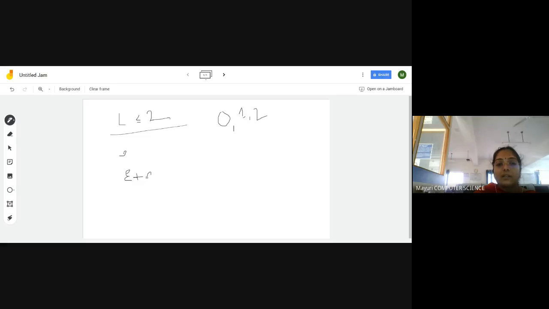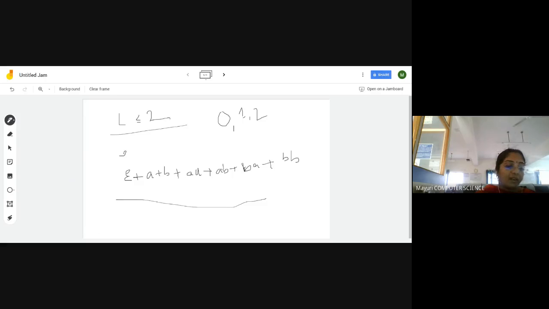Length 1 is either A or B. Length 2 is, as usual, AA, AB, BA, and BB. So this is the answer for length less than or equal to 2.